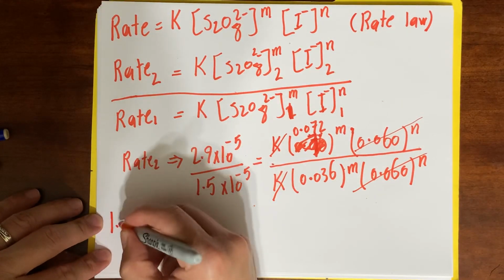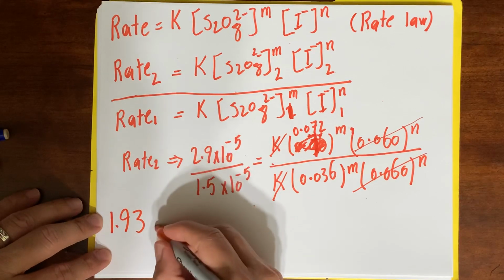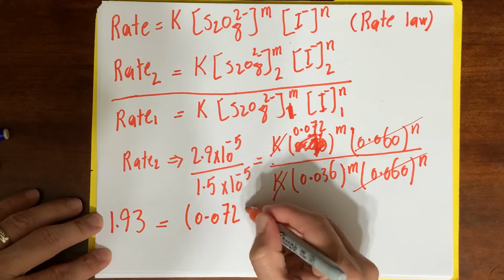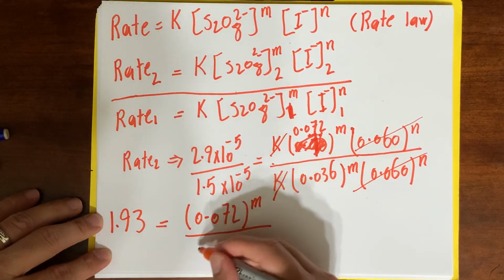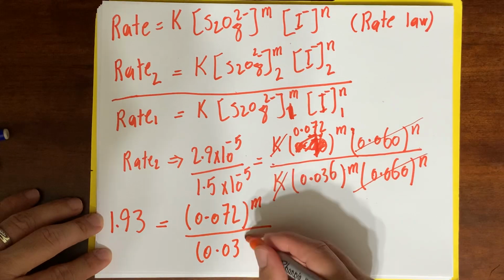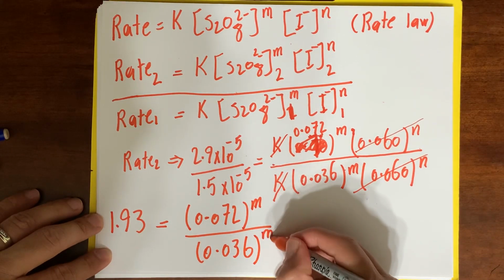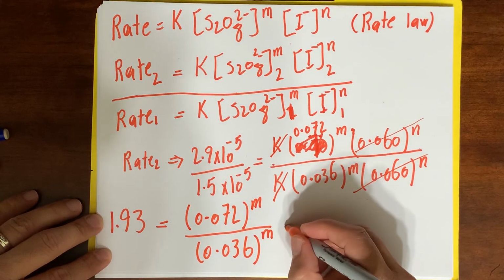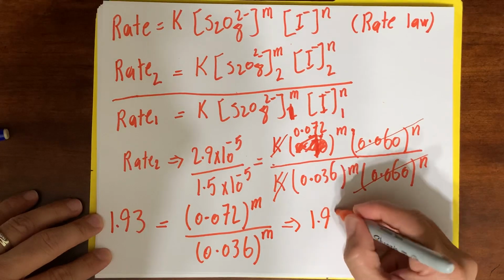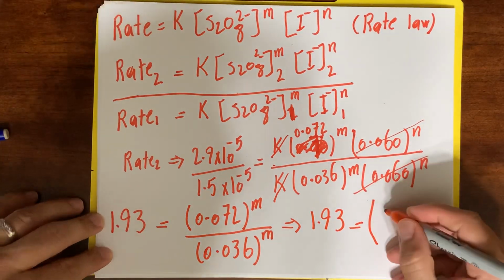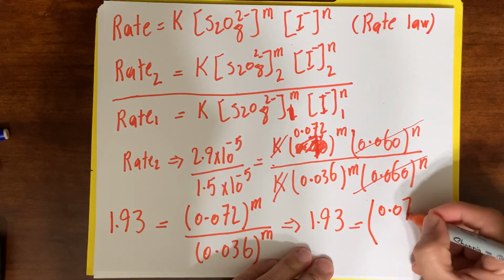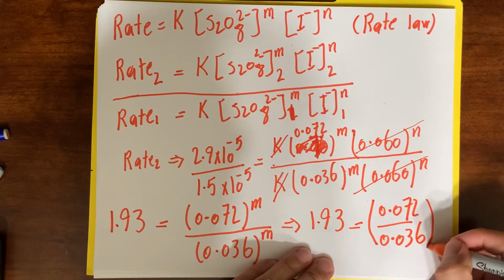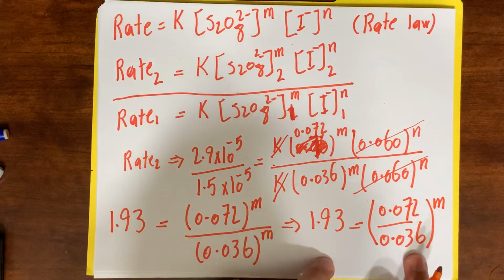So we have 1.93 equal to 0.072 to the power of M divided by 0.036 to the power of M. Because both of them are to the power of M, I have the right to say 1.93 equals 0.072 divided by 0.036, to the power of M. And the answer for this one is 2.